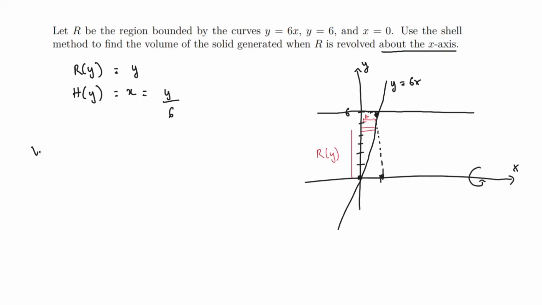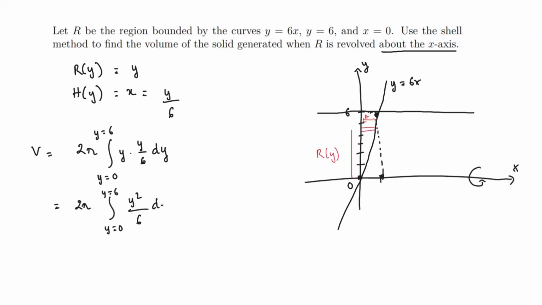So the volume is 2 pi, the integral from y equals something to y equals something. Because the region goes from y equals 0 to y equals 6, the limits are 0 and 6. The radius is y, multiplied by the height y over 6, dy. So this equals 2 pi, integral from 0 to 6 of y squared over 6 dy.